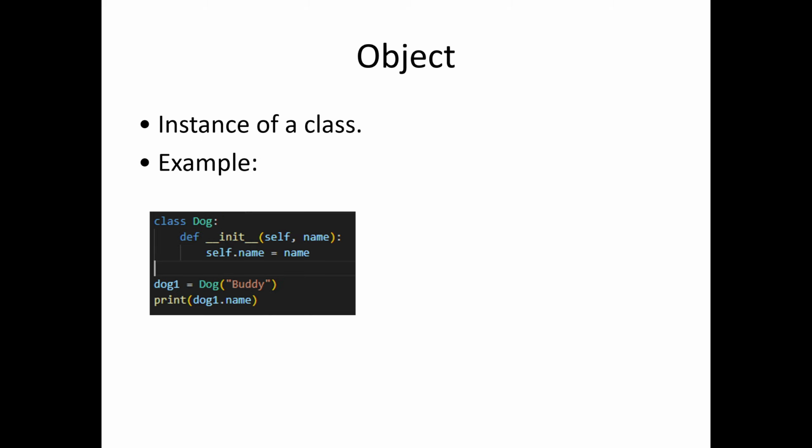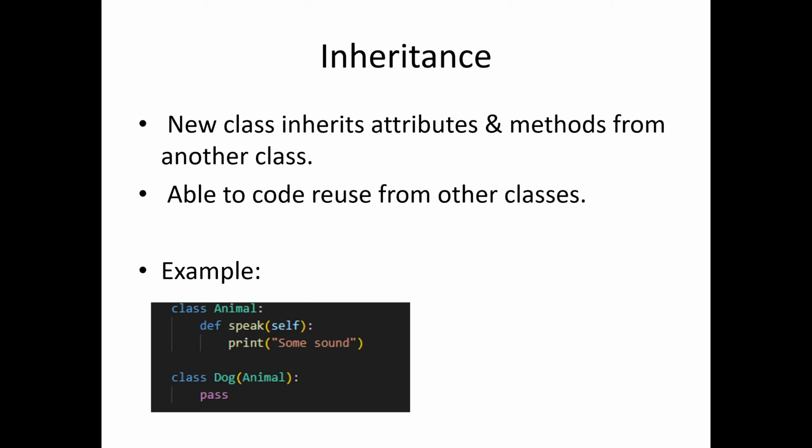An example is dog1. Dog1 is being assigned to Dog Buddy. What is the self? Dog. What is the name? Buddy. And then, as you can see, print is going to show Buddy, because that's what we have for dog1.